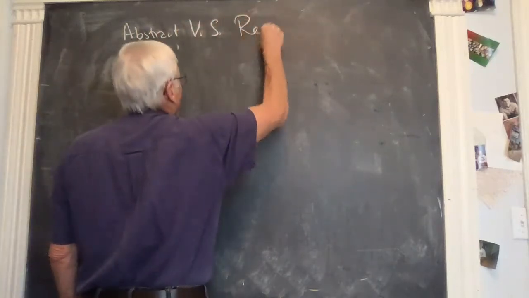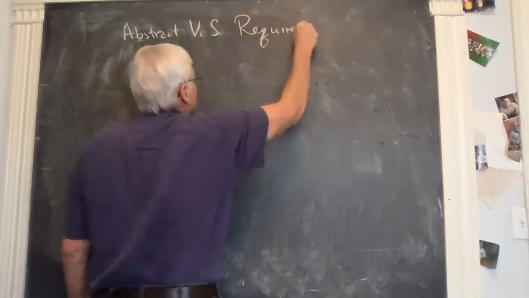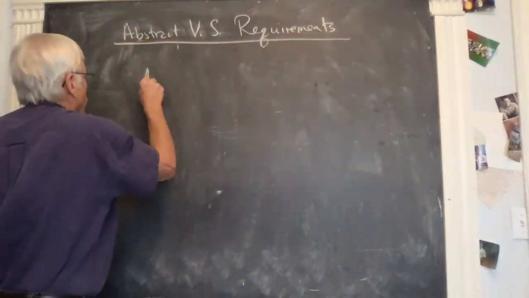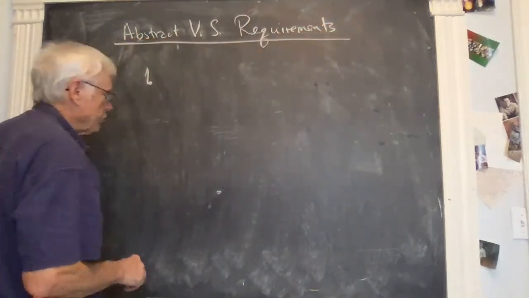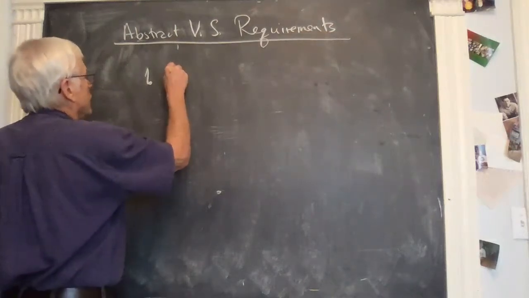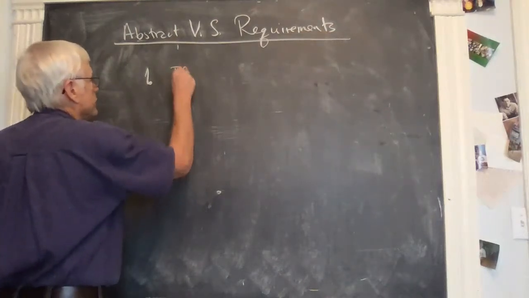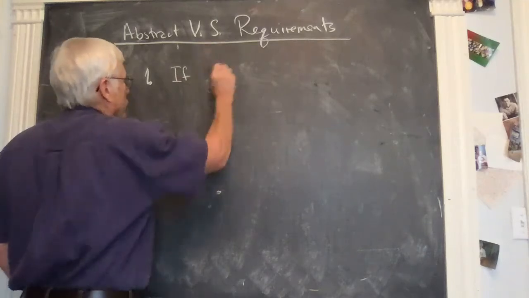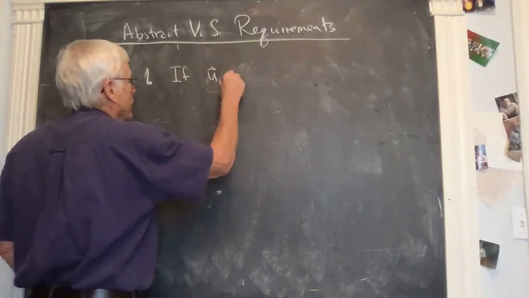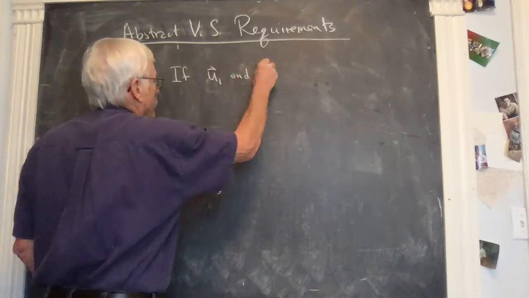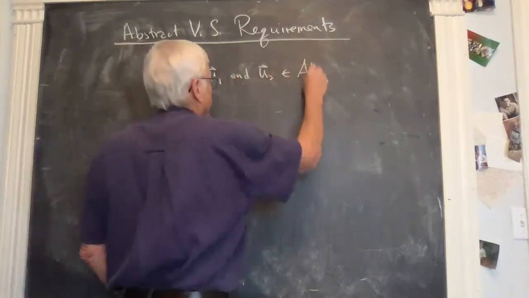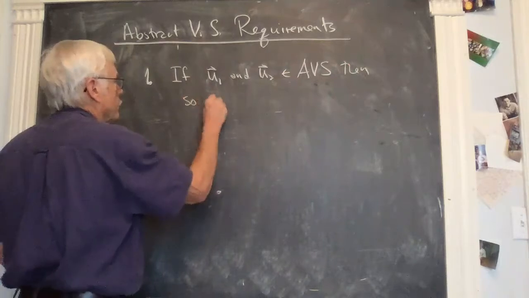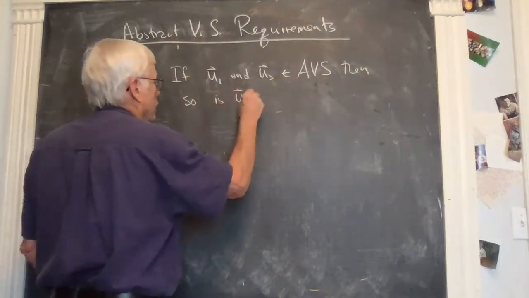So these are the requirements of an abstract vector space. One, if u1 and u2 are in this abstract vector space, then so is u1 plus u2.